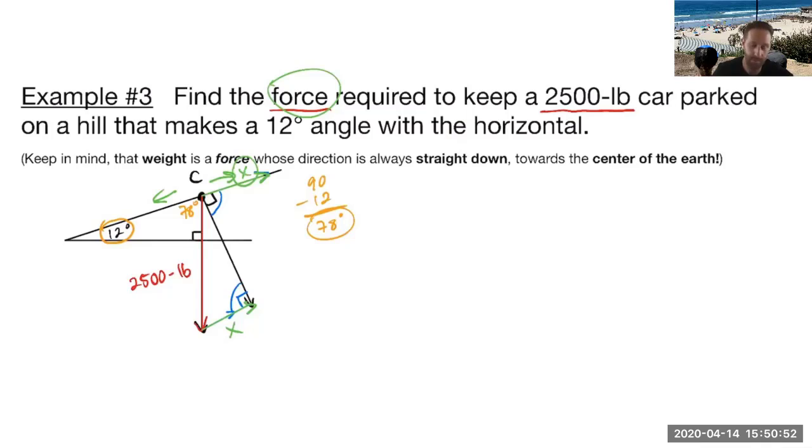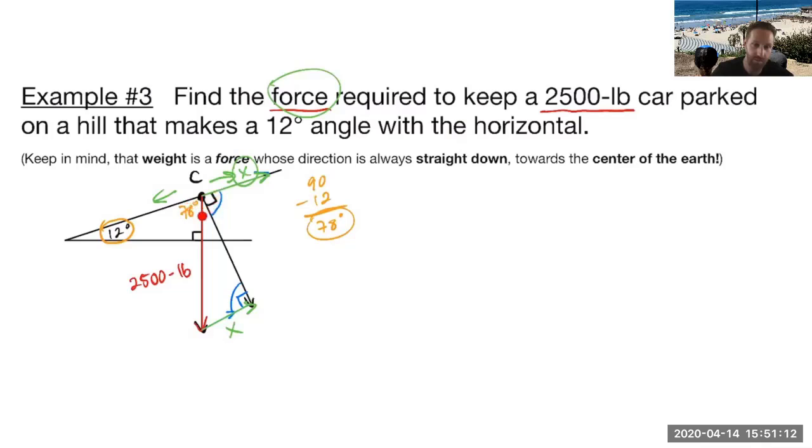Well, then what about this straight angle right here? What if I looked at this whole, not the triangle, but just from here to here? Well, I already have two of those three parts, don't I? I have this 90 right here, this 78 right here.